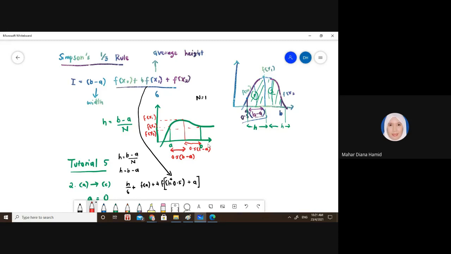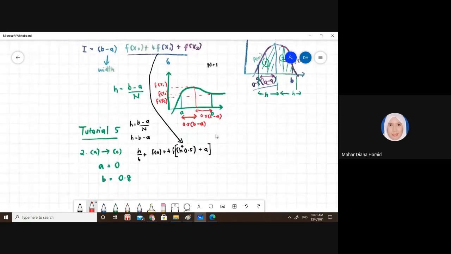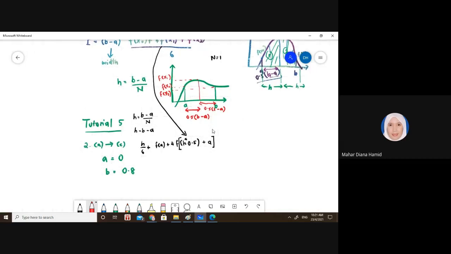So in order for us to put it in MATLAB code, we are going to see that the first one corresponds to H equals B minus A divided by 6. So 6 here, we move it forward.